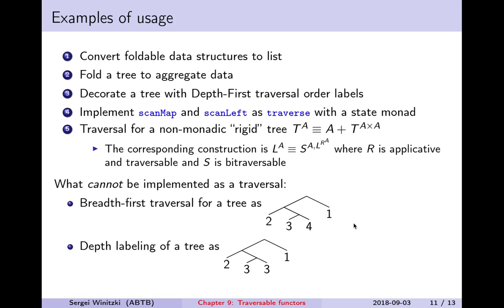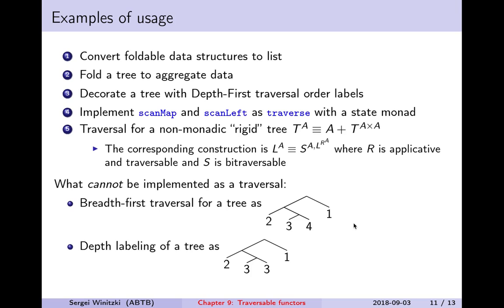Now, certainly you can implement breadth-first traversal, but what I'm saying is that you cannot take some special monad and some recursive function calls and implement it so easily. I hope you can still implement it in some way that is not too bad as a traversal.